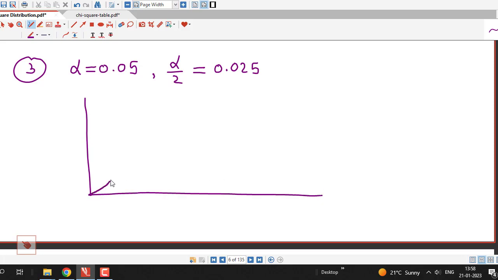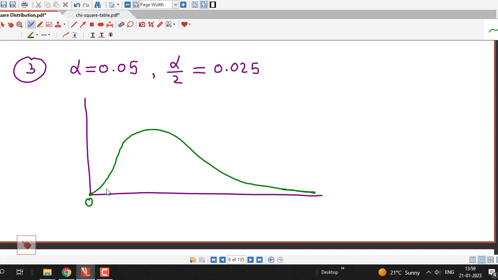Again let me sketch the chi-square probability curve. Roughly you can show that this is your chi-square probability curve, and it will never cross the x-axis, it will go parallel to the x-axis.